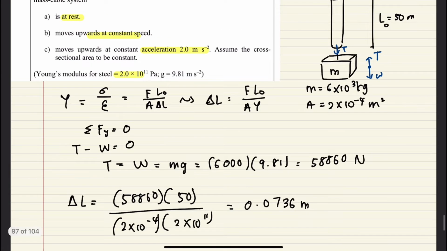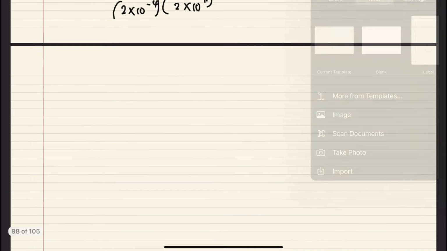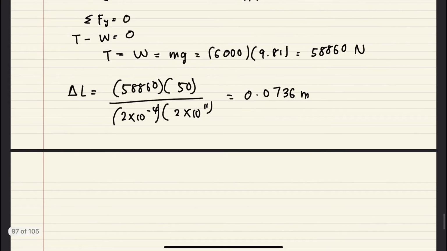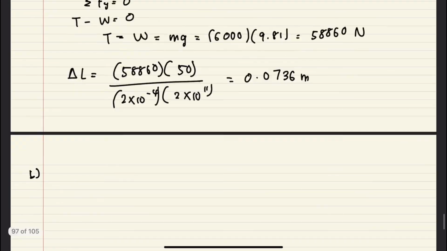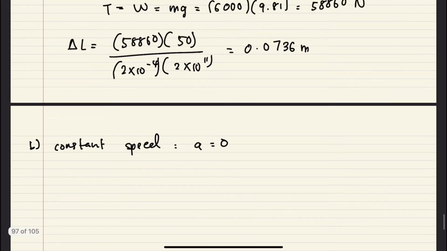Okay, and then it says what happens if it is now moving upwards at constant speed. This one is for question B. When it says constant speed, it means that a is equal to 0.